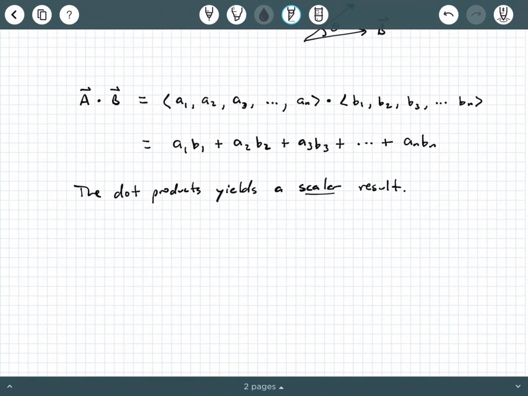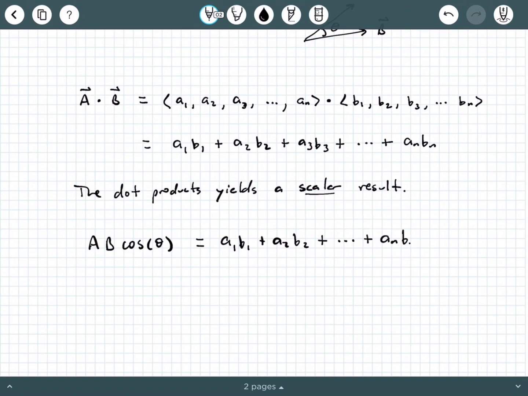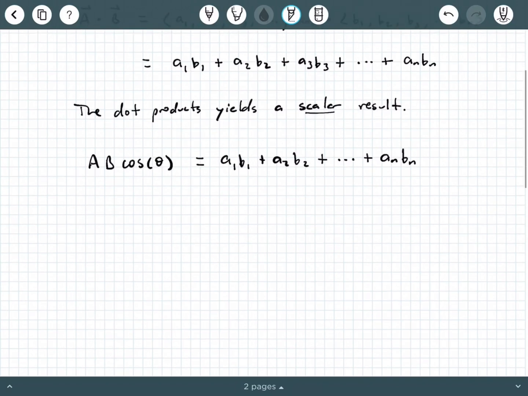Let's say that magnitude A times magnitude B times cosine theta equals A1 B1 plus A2 B2 plus all the way to AN BN. Okay, now what can we get out of this little relationship that we just set equal to one another from each of the dot product expressions?